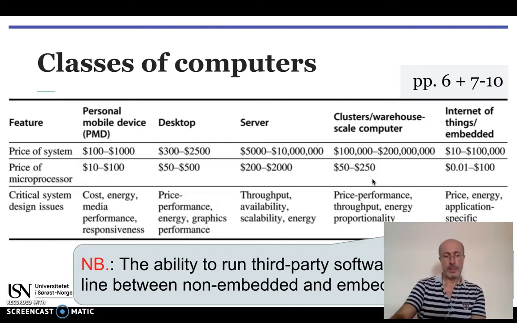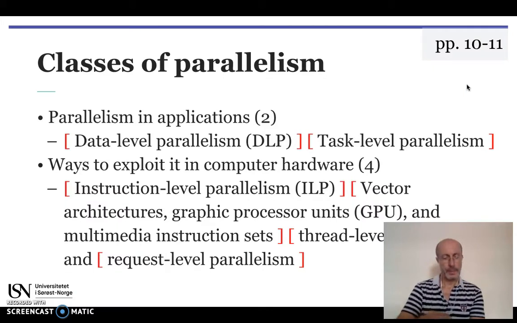As a final example, the processors used in Internet of Things or IoT devices are selected because of their application-specific performance. Well, in pages 7 to 10, you will find additional interesting information with respect to this.